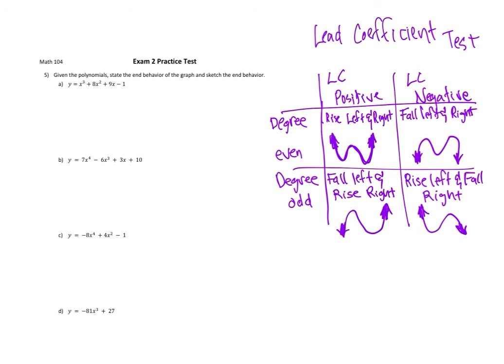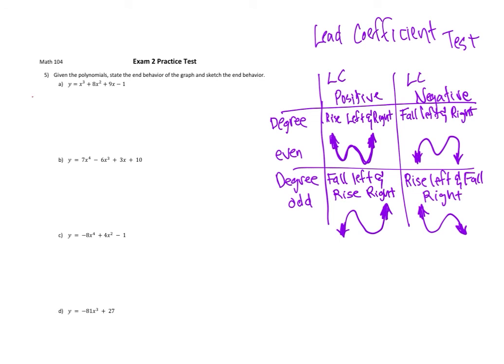Okay, so I'm going to use this chart to just answer the questions about each of these polynomials. So it just says, given the polynomial, state the end behavior of the graph and then sketch the end behavior. You're actually not going to be required to sketch. You will just have to match the graph, which is great. If you know the end behavior, then matching the graph should be very easy.